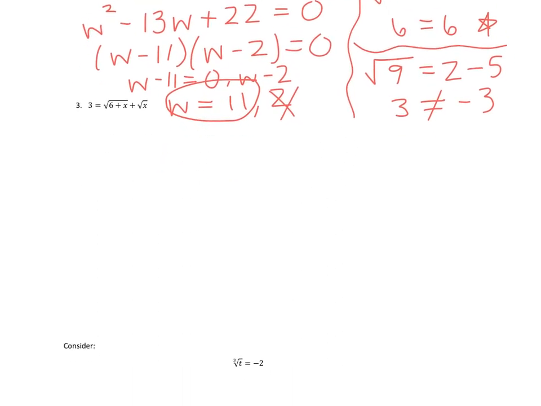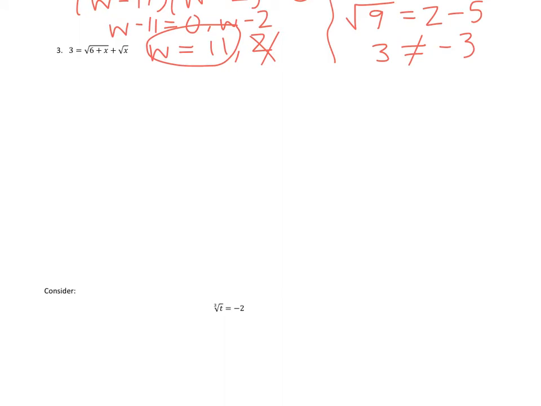Okay. Number 3, we have 2 square roots. So let's isolate one of our square roots. And I'm going to isolate square root of 6 plus x first. So I'm going to subtract root x from both sides.